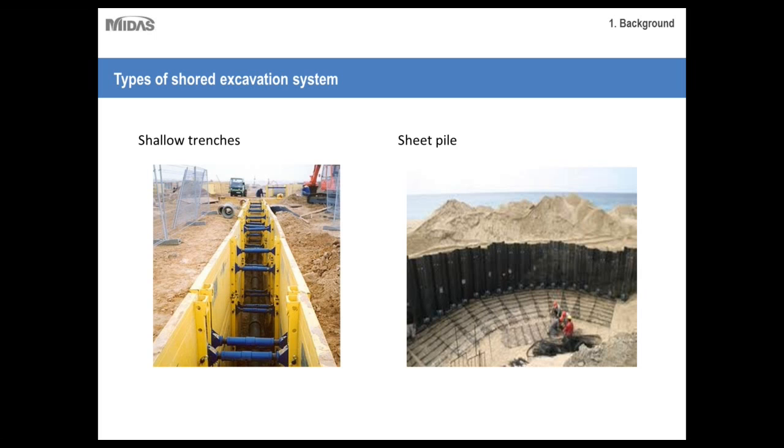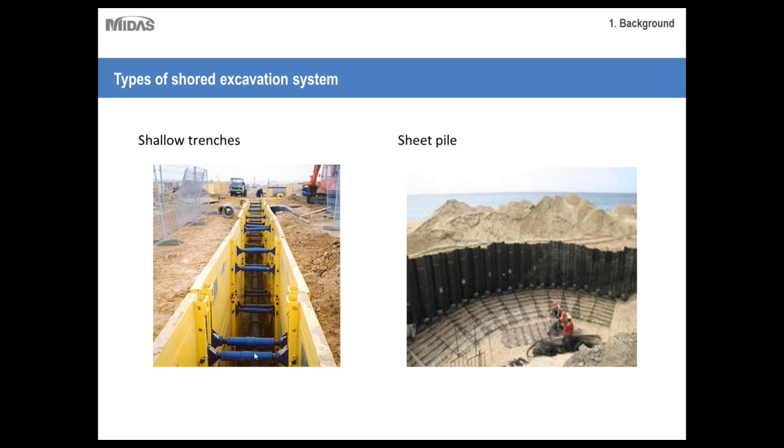So let's see what are the different types of shored excavation systems available. So for shallow trenches, which are primarily used for laying down the pipelines or sewer lines at near ground level, or utilities lines. So for this, usually the trenches are shallow and are pretty narrow also.